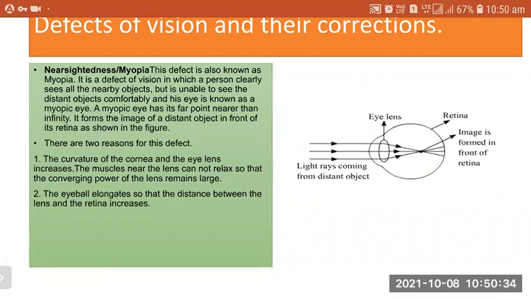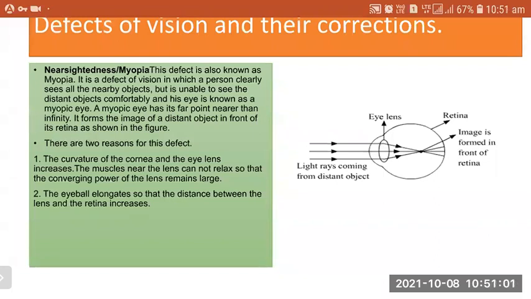this defect can occur. Okay, so what you have to remember about nearsightedness or myopia is that a person is able to see clearly the nearby objects but is unable to see the distant objects. Got it? And what are the reasons for this?